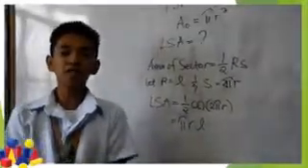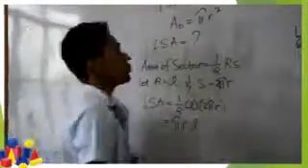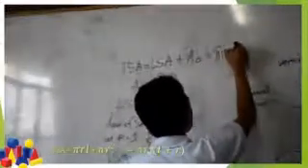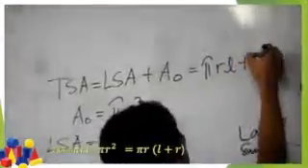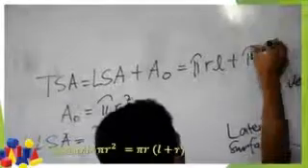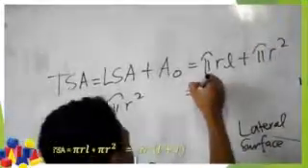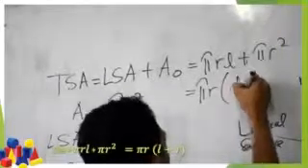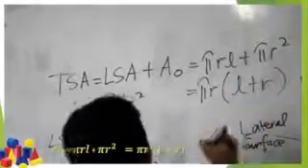Hence, the total surface area is equal to pi r l plus pi r squared, or simply, pi r times the quantity of l plus r. So we have the total surface area.